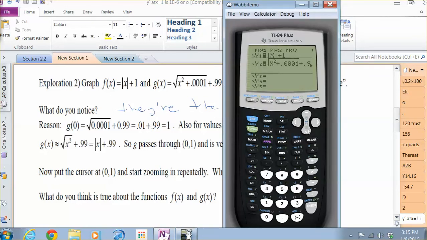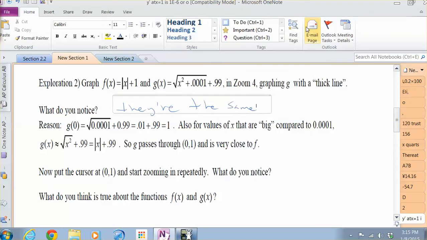I forgot to make this a thick line for g of x. To make that a thick line, if you go to the left and hit enter a few times, okay, actually I had it, I missed it. There we go. Okay, so we have that. Again, they're still virtually the same, but we see the second graph appearing.